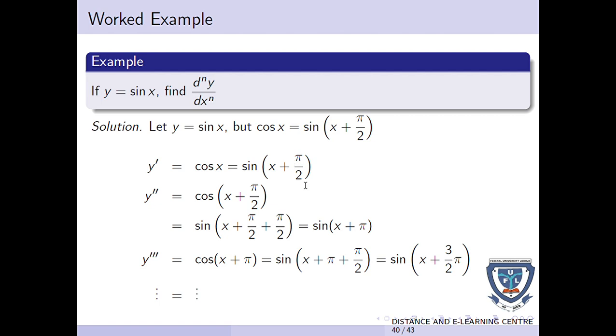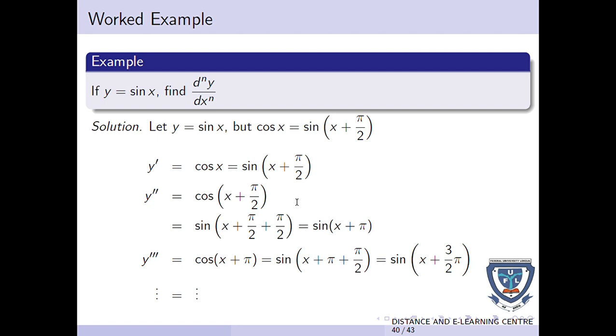Let's look at another worked example. If y is equal to sine x, find the nth derivative of y equal to sine x. Now in trying to find the solution, you say let y be equal to sine x as given.